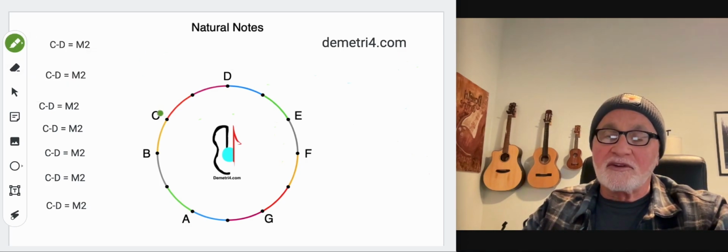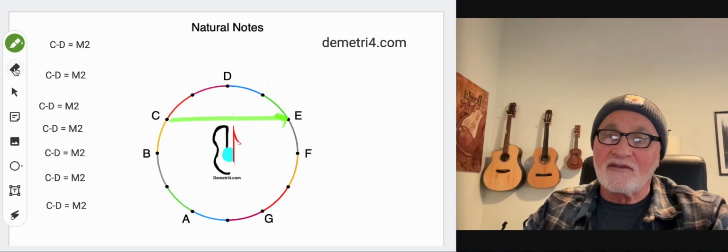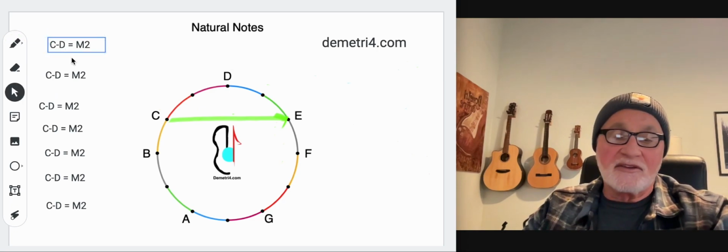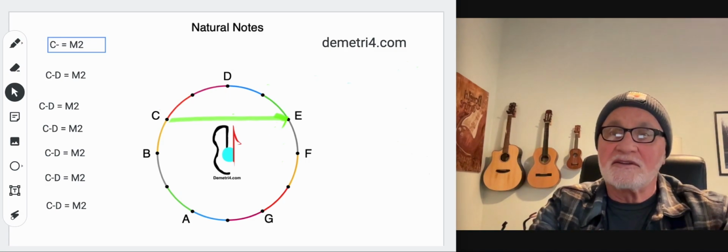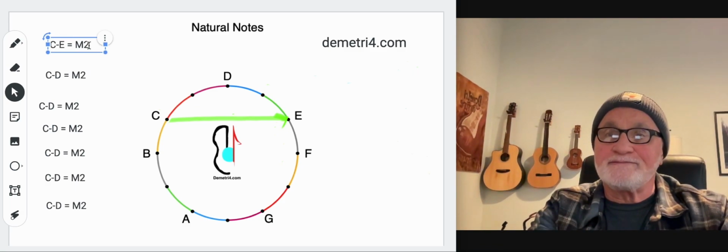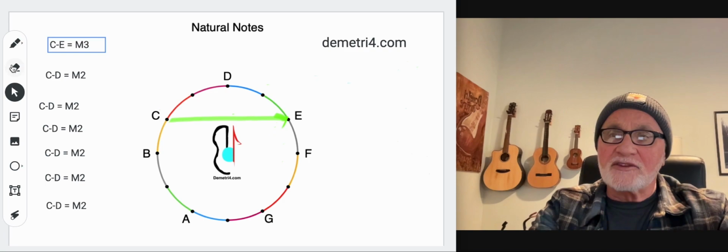So we can see here that C to E is 2 whole steps, 4 dots. 1, 2, 3, 4. We say that C to E is a major third. 4 dots.